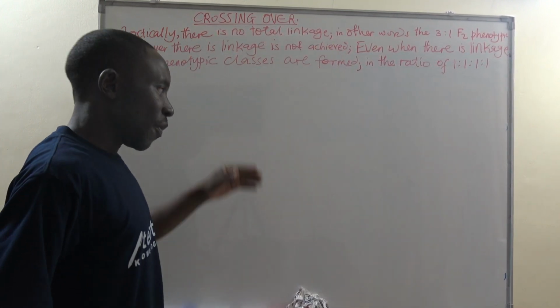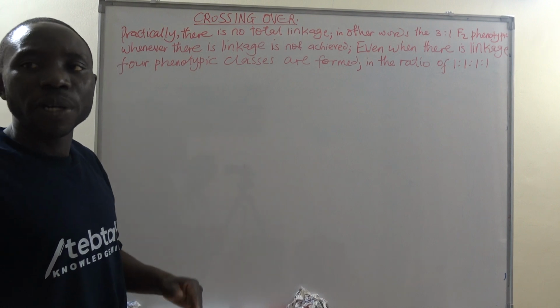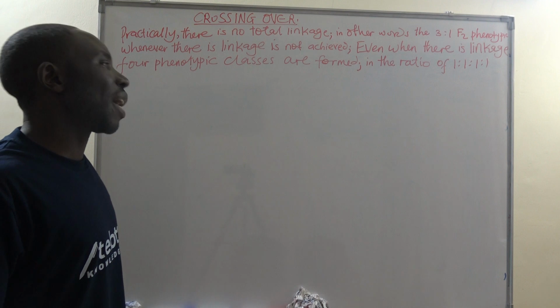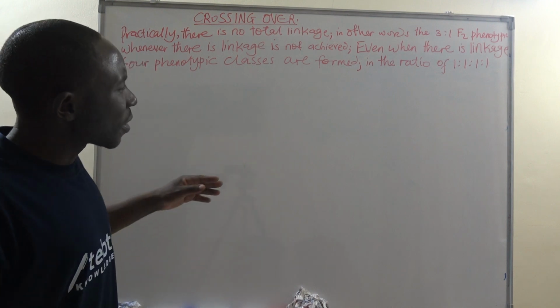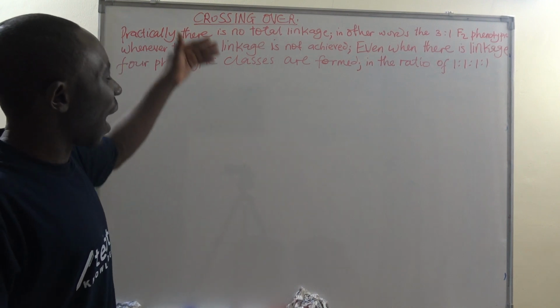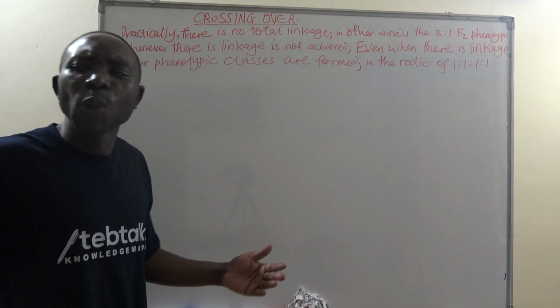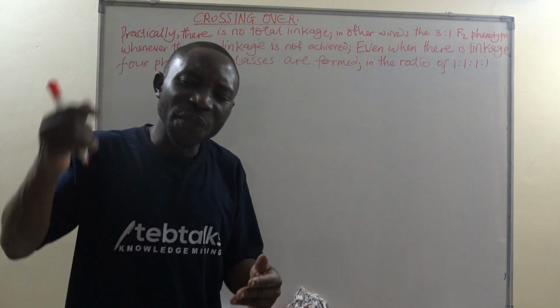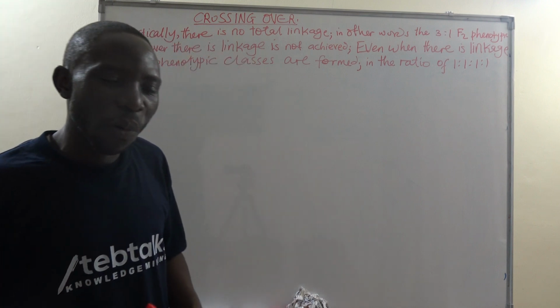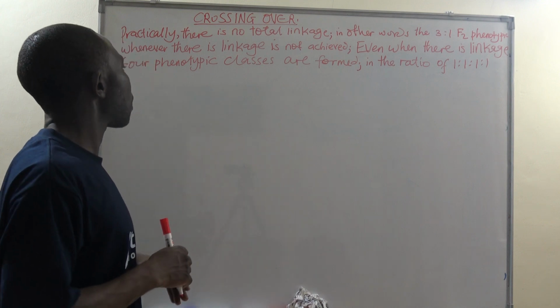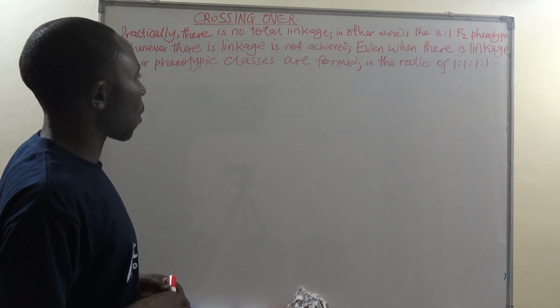So that is what happens. Even when there is linkage, we shall have 4 phenotypic classes. So it means that total linkage has never been there. Even when we assume that there is linkage, there is some degree of crossing over between genes on homologous chromosomes.